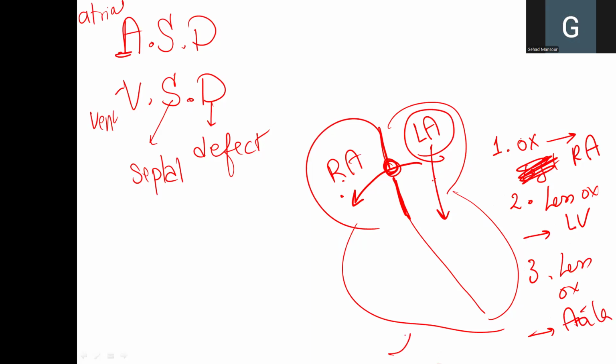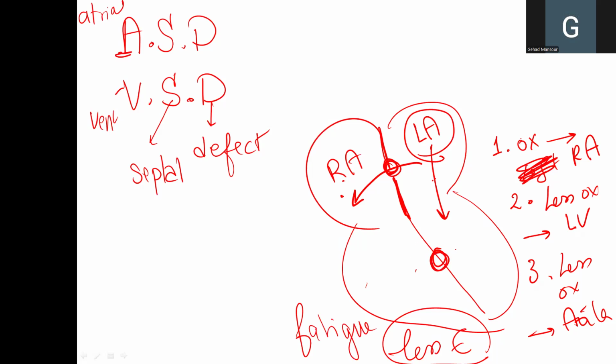This means that there will be less energy that reaches the body, and therefore the patient is all the time suffering from fatigue. The same occurs if you have a defect in the interventricular septum, but the symptoms would be more serious.